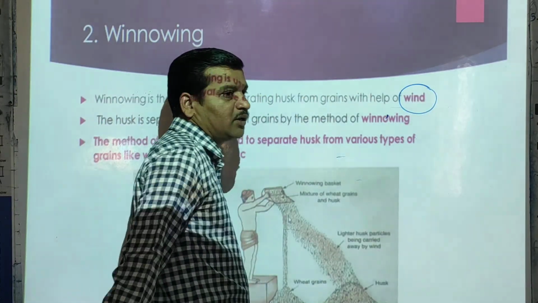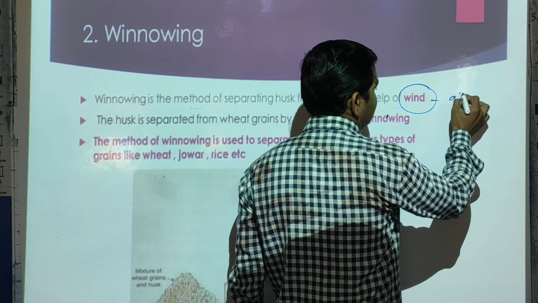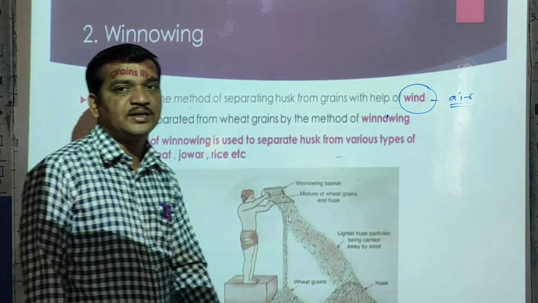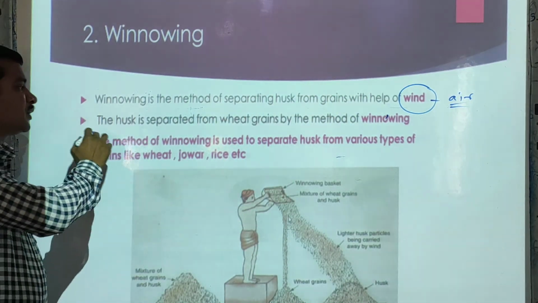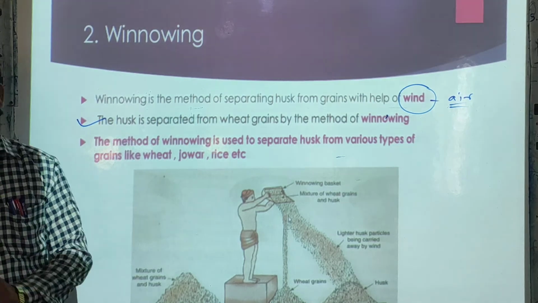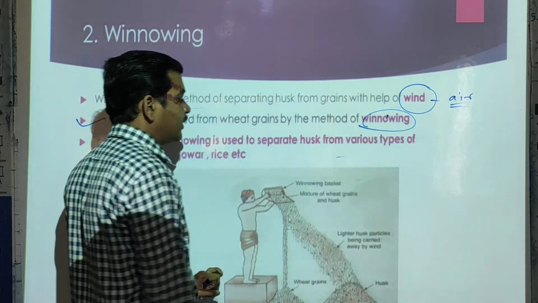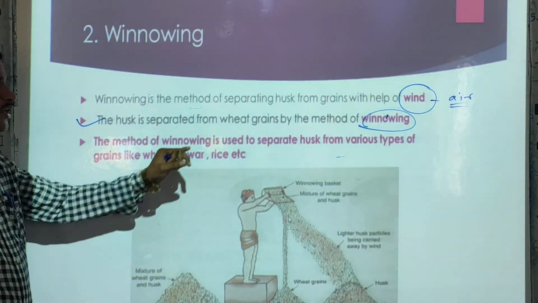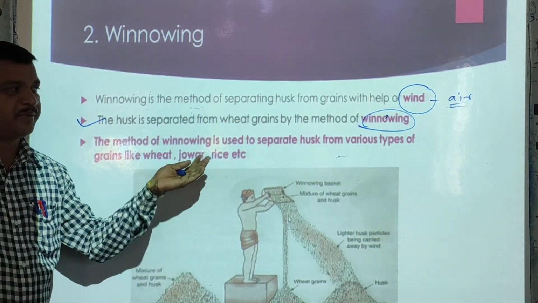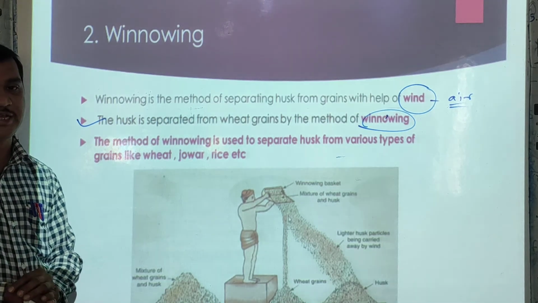So here wind or air is used to remove the husk particles. The husk is separated from the wheat grains by the method of winnowing, and the method of winnowing is used to separate out the husk from various types of grains.